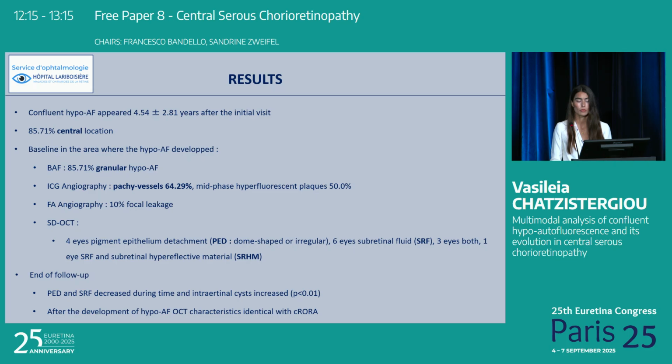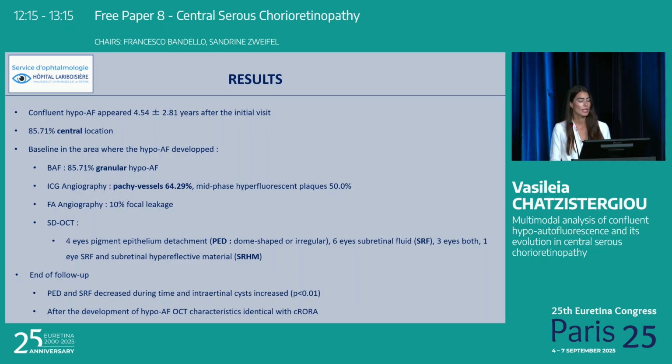So confluent hypoautofluorescence in these patients appeared 4.5 years after the initial visit, and in 85%, the hypoautofluorescence was located centrally. At baseline, in the area where the hypoautofluorescence developed, 85% of patients already presented with granular hypoautofluorescence, 64% presented with pachyvessels, 50% with mid-phase hyperfluorescent plaques, and only 10% with focal leakage.